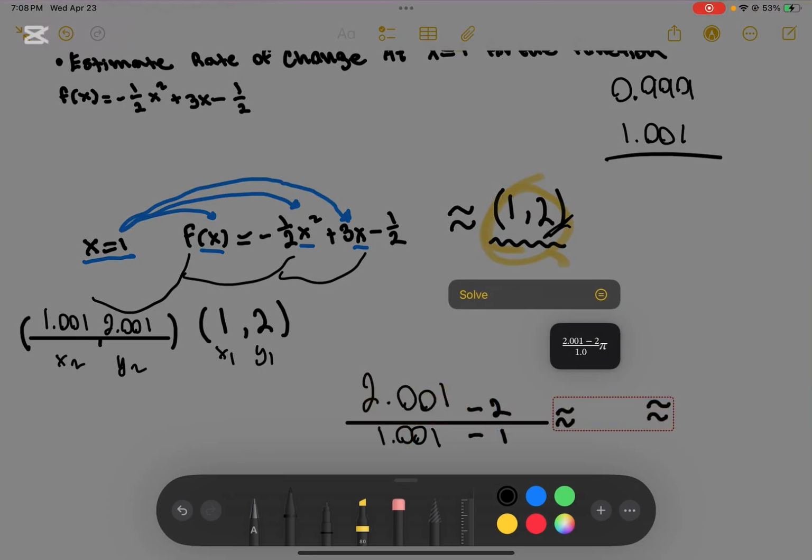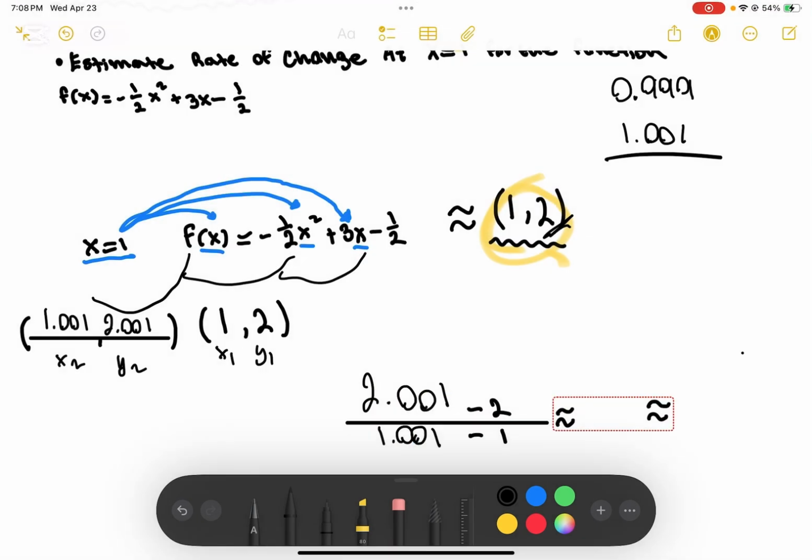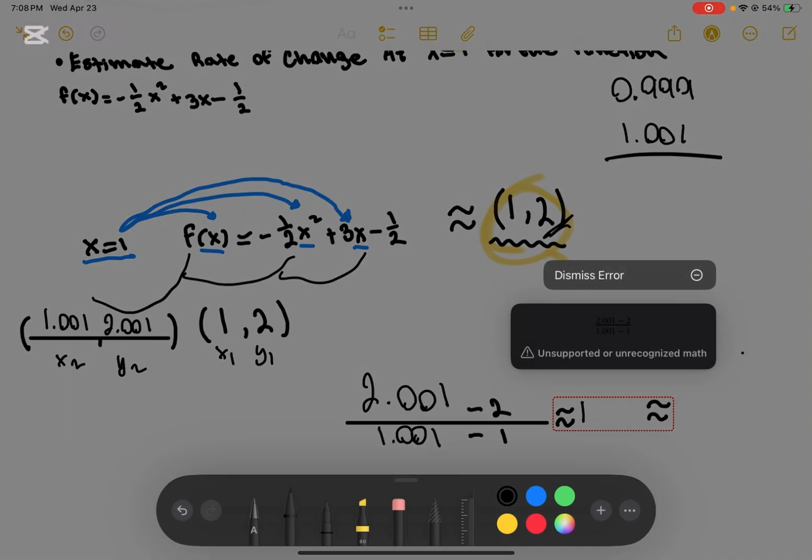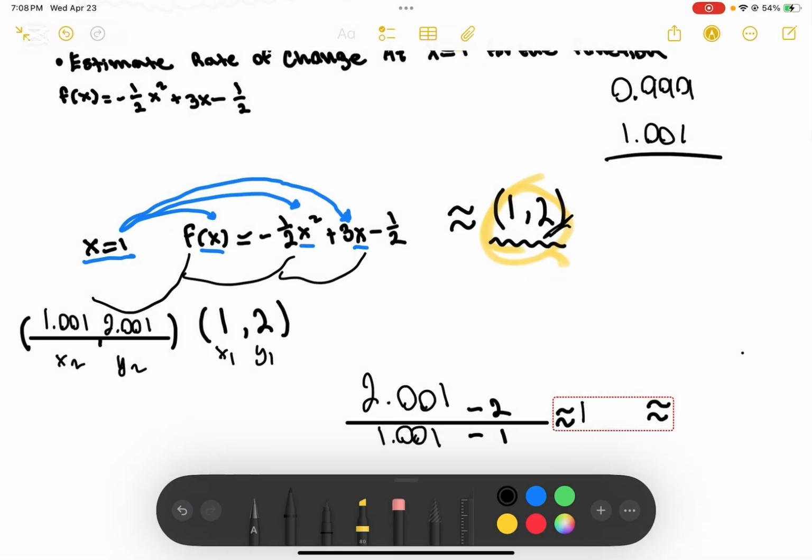And if you simplify that, your answer should be left with 1.999. And if you just round up, your answer should be 2.